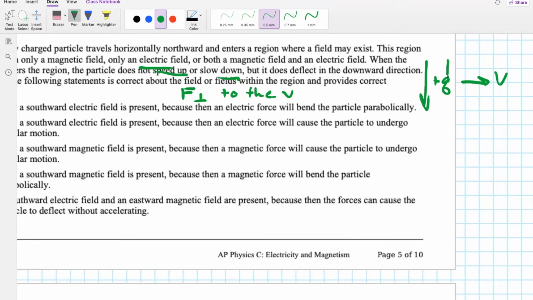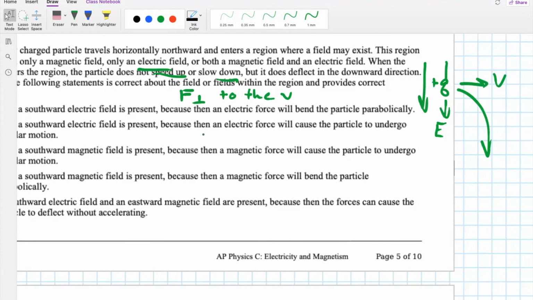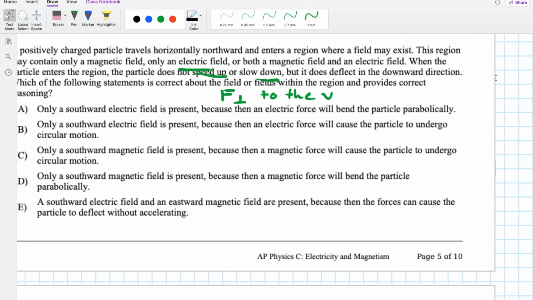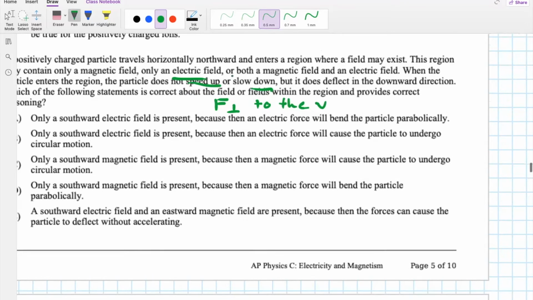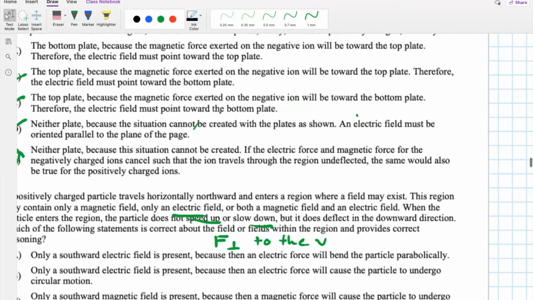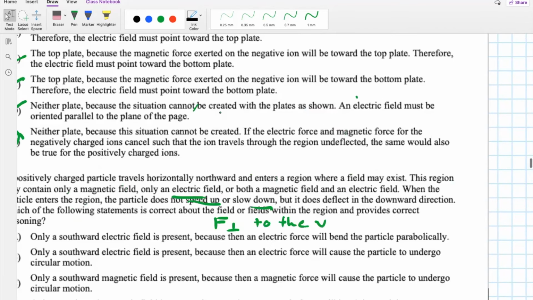If it were to deflect down and we said that the electric field was down, well, then it would accelerate like a projectile. So it cannot be an electric field alone. If an electric field were to exist, it should probably be balanced by a magnetic field, much like we've seen in this previous example.